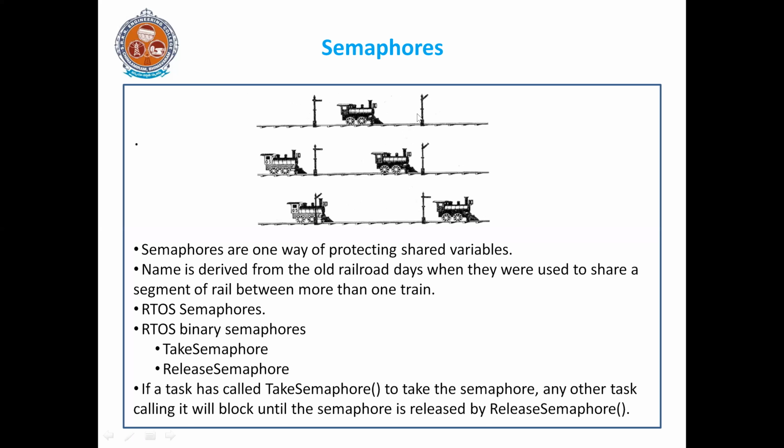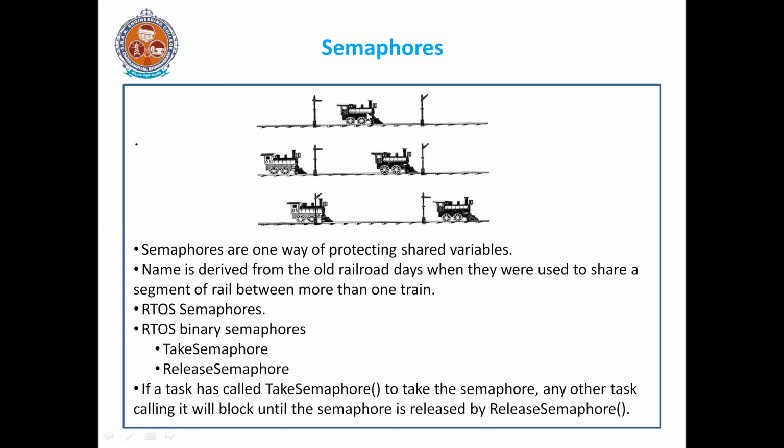The train should not enter because some other train is already in this section. If it is raised, it indicates that you can enter this section, meaning there is no train in it. So when it is up, the train can enter this section. This is the meaning of semaphores in the railways.